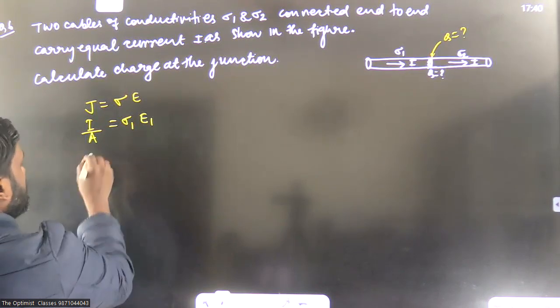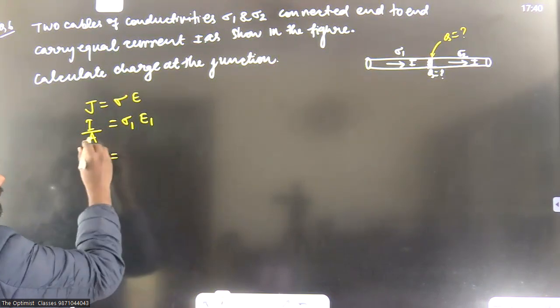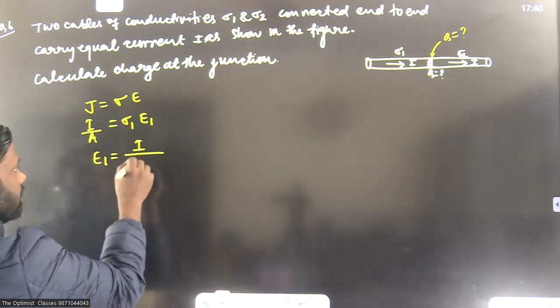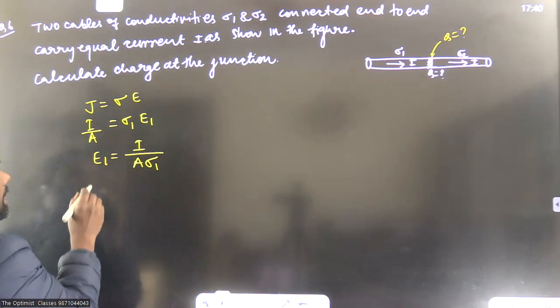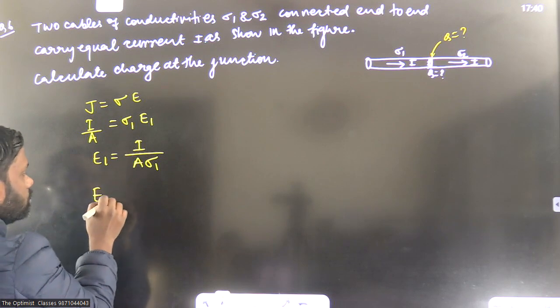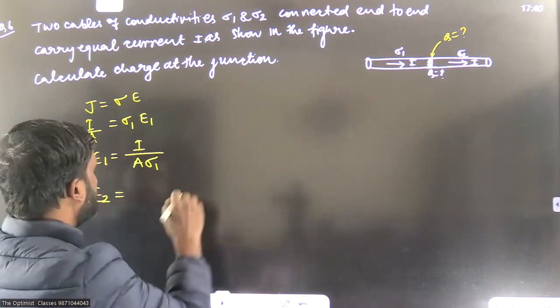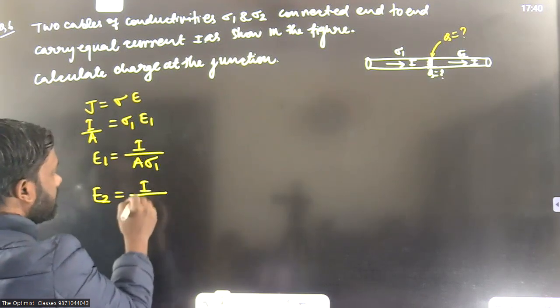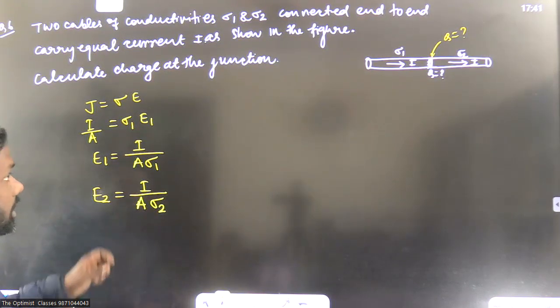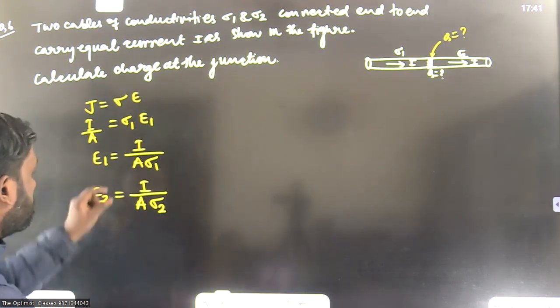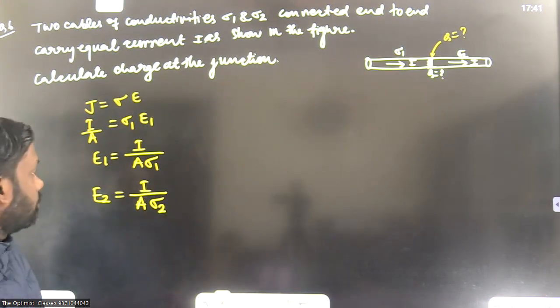So E1 is I divided by A into sigma 1. Similarly, we can calculate E2, the electric field in the second wire. Current is the same, cross section area is the same, only conductivity is different. So we get E2 equal to I divided by A into sigma 2.